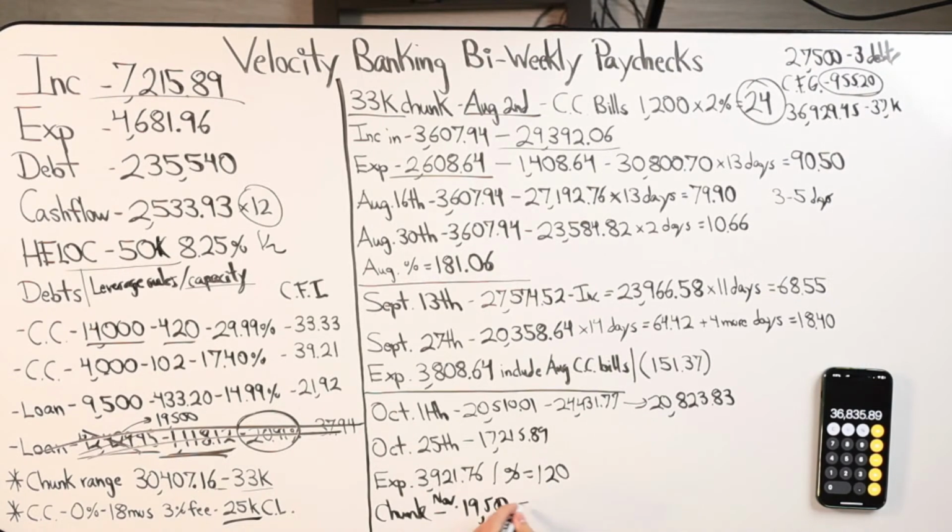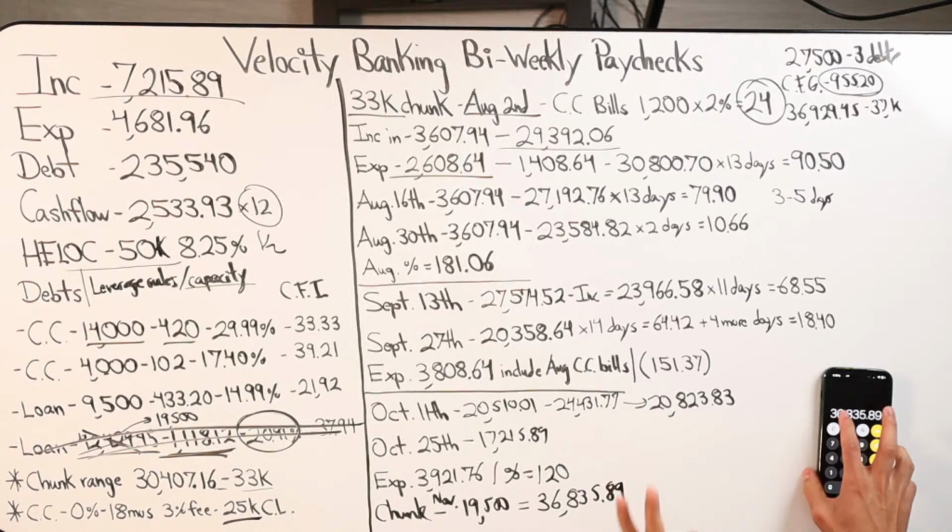So November, out the gate, we're back up again, 36,835.89 with a new cash flow of 1,118.12, right? And then you do velocity banking, it's going to go even faster to pay off the line of credit.